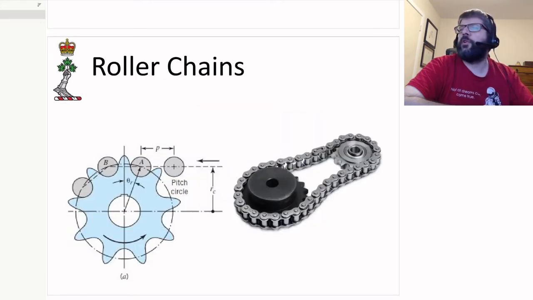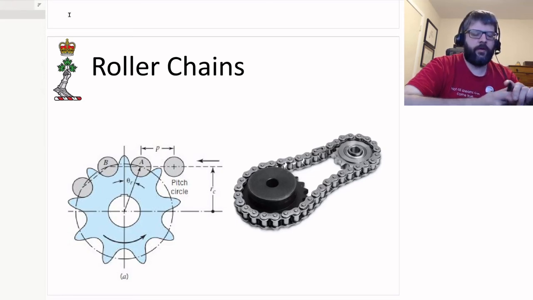Next up, we've got roller chains. I'm sure everyone's seen a roller chain like this on a bicycle. So essentially, you've got these rollers in the center here.